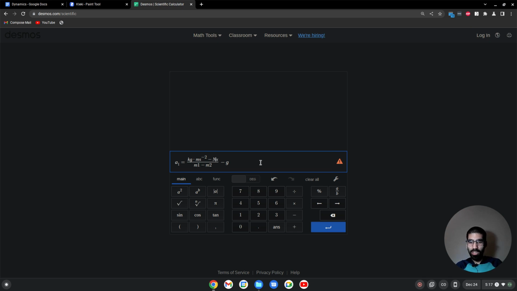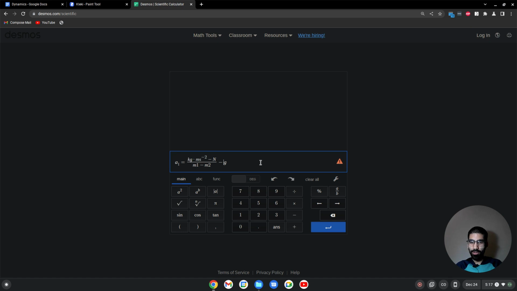Over here, k is newtons per meter. X is the distance in meters, so newtons per meter times meters, that cancels out. We have newtons here. And kilogram meters per second squared, that's also newtons, so newtons minus newtons.